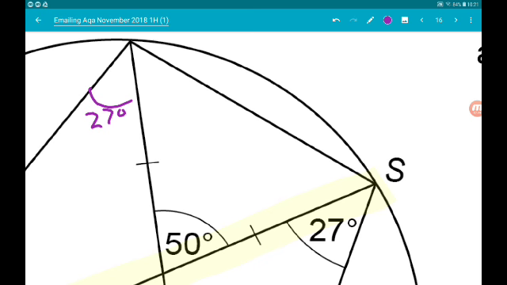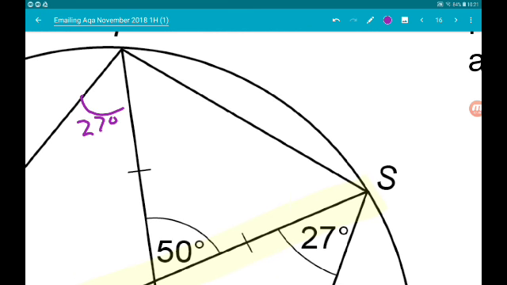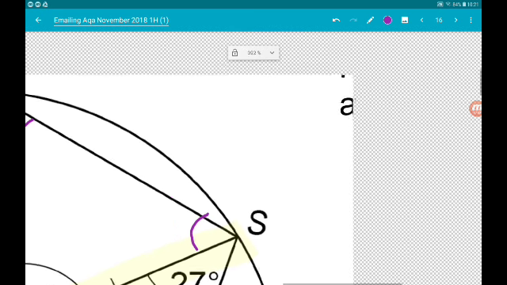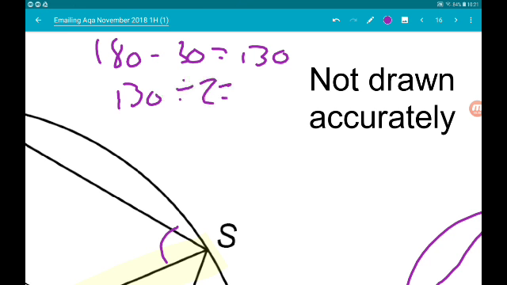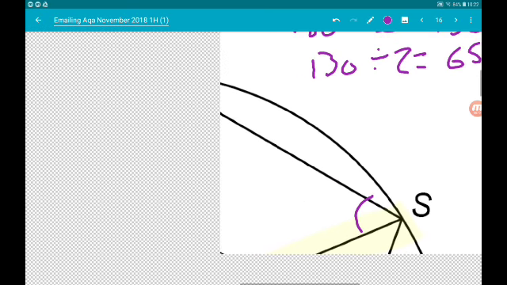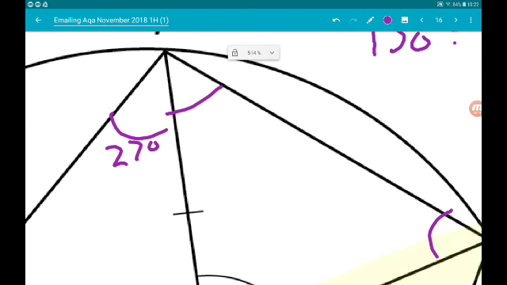So we can work out these two angles here. So 180 minus 50 is 130. These two angles are the same, so to work them out, we do 130 divided by 2, which is 65. So we only really care about this one.